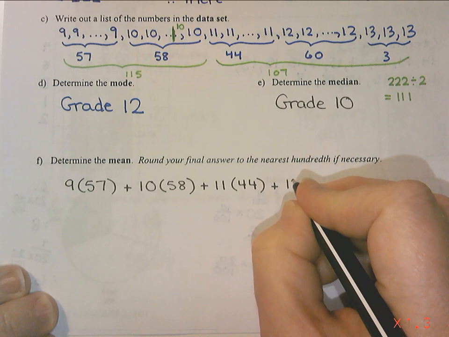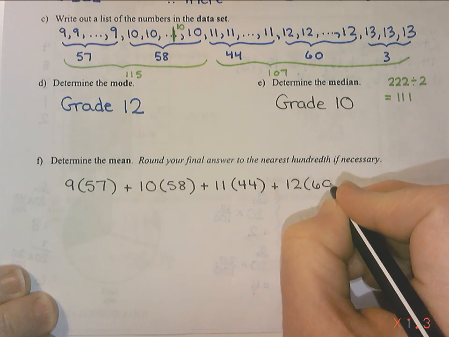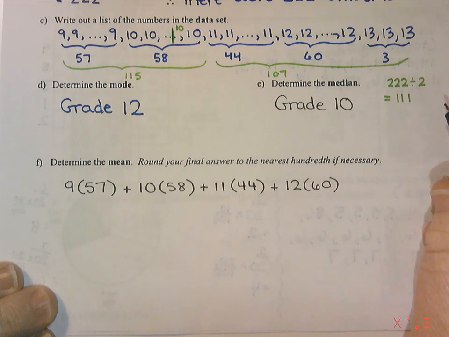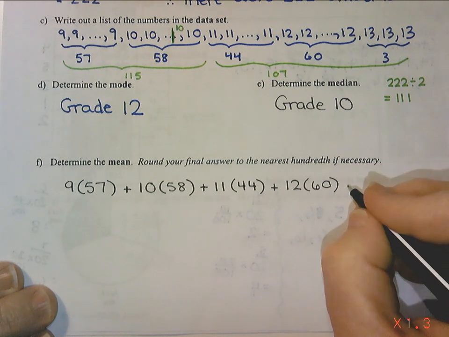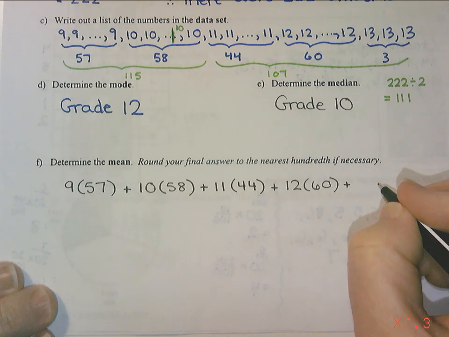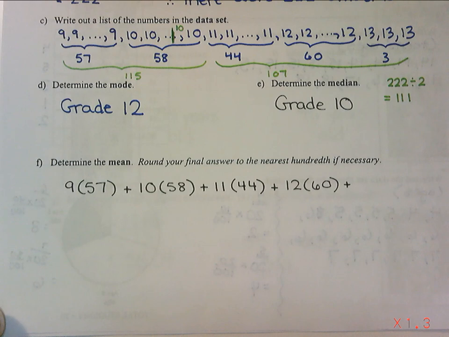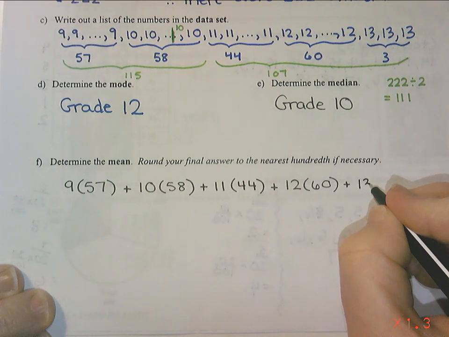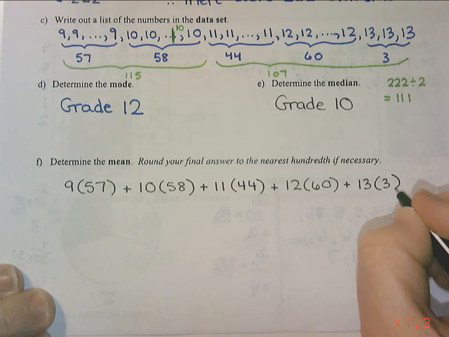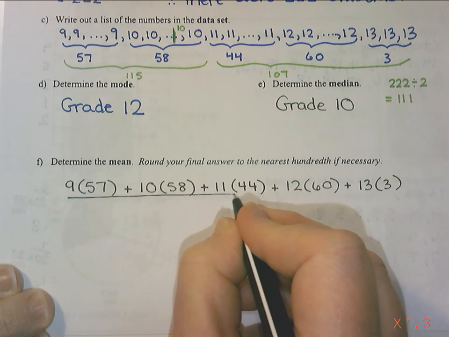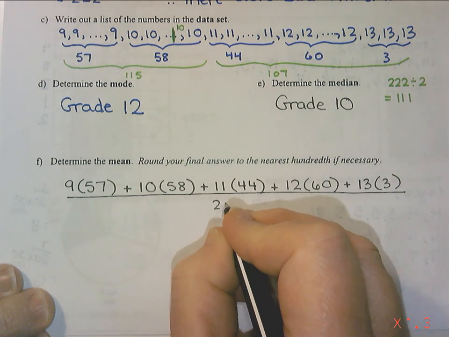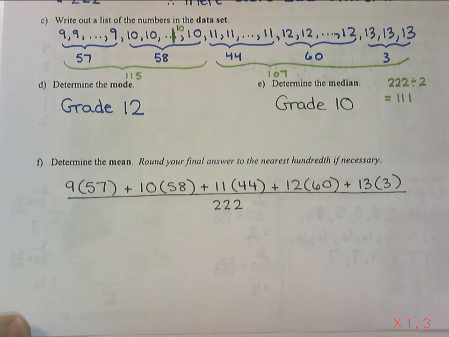So I'm going to take my grade 12s and multiply that by 60 instead of adding 12 plus 12 plus 12. It would take a lot of adding to do that. And then last but not least, I have the 13s. So I could do plus 13 plus 13 plus 13. There are only 3 of them. But to be consistent with how I did all the others, I'm going to take 13 and just times it by 3. And then that total, once we add it up, we are dividing by 222 because that's the total number of students that we had.